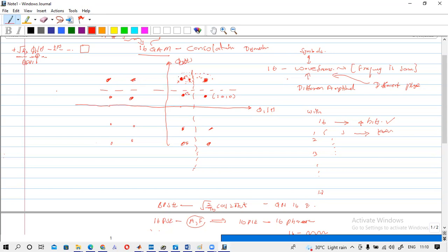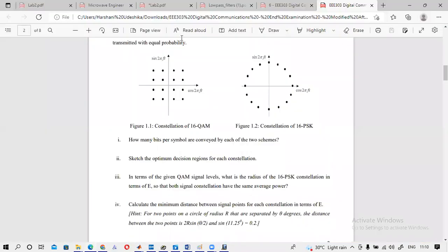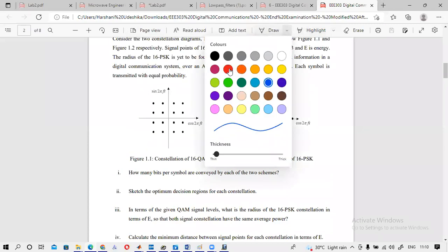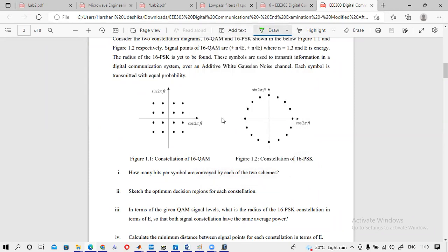If you consider these two also, you have to get the middle point, and here you will have to get the middle point. So the decision boundaries are here.